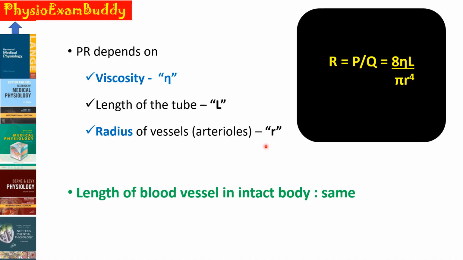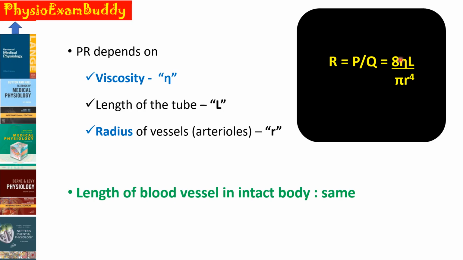Since the length of the blood vessel in an intact body is the same, the capital L, which is present in the numerator, does not change. So the major factors that determine the peripheral resistance are the radius of the vessel as well as the viscosity.